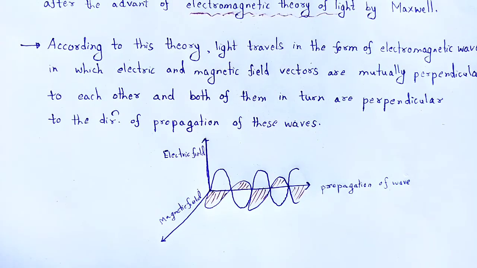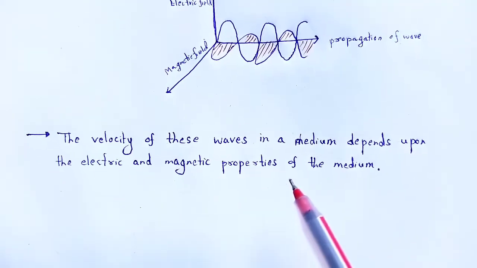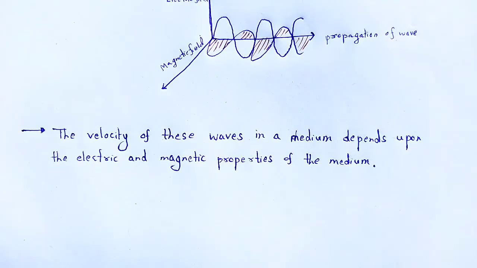What is the velocity of this wave? The velocity of these waves in a medium depends upon the electric and magnetic properties of that medium.